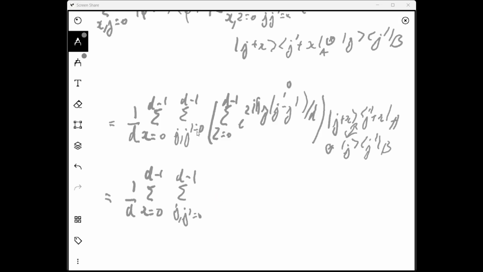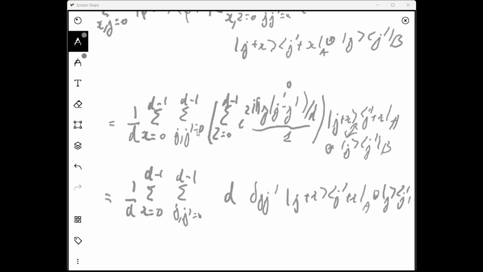Here we have a d term at the end because this is just equal to 1, but it happens d times. Delta g prime of g plus x prime, g plus x, g prime plus x, g prime of b.